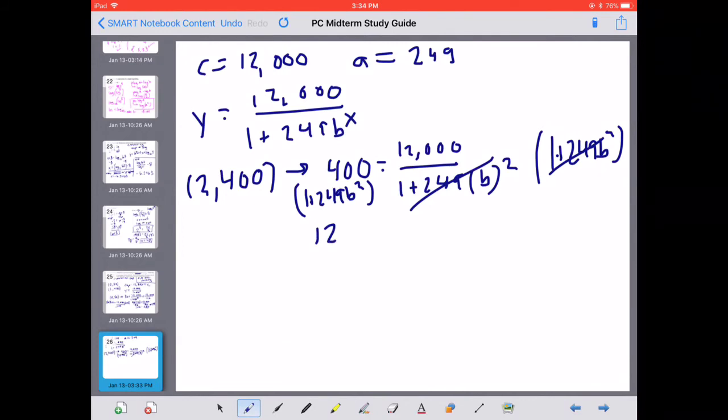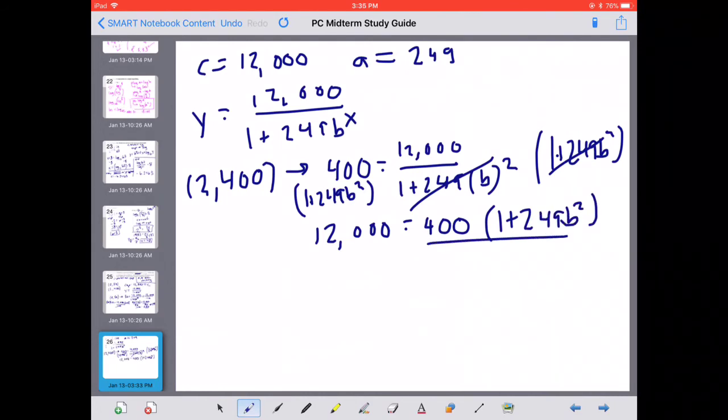So we get 12,000 equals 400 times 1 plus 249b squared. And then we divide both sides by 400.